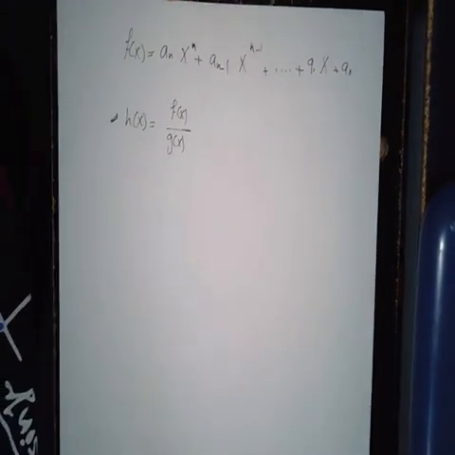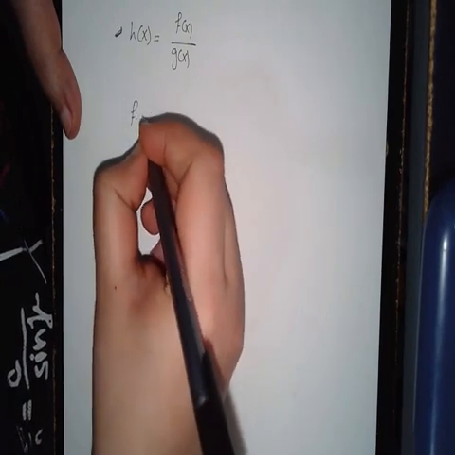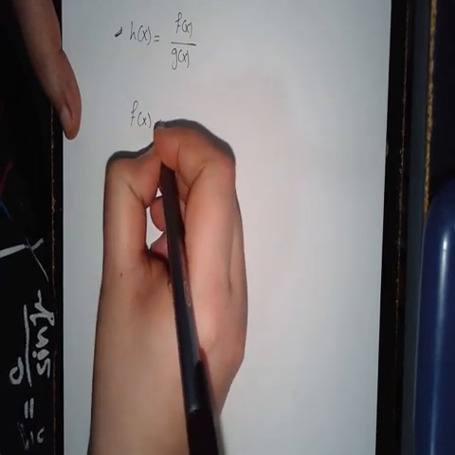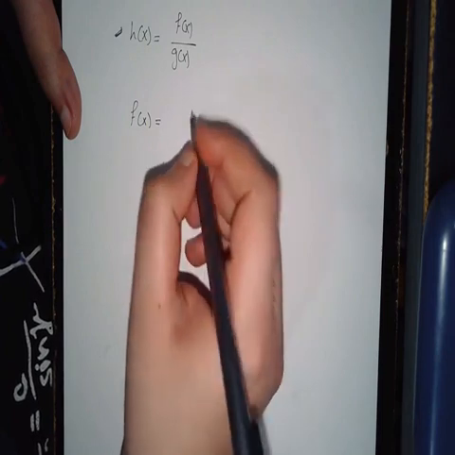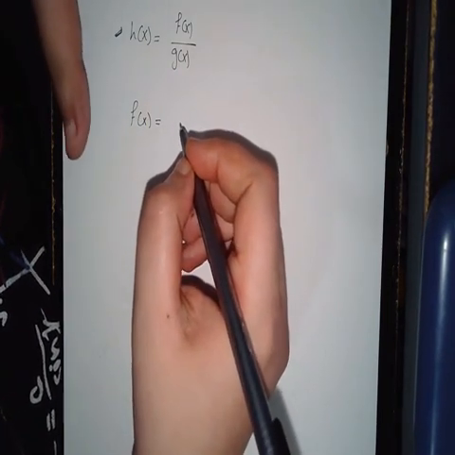Now, let me give you a standard setup that we could use to look at these types of functions. So say your function f of x is a combination of multiplications and additions.